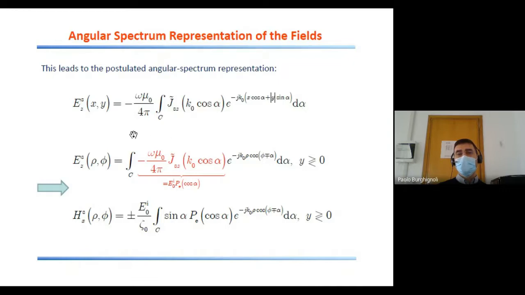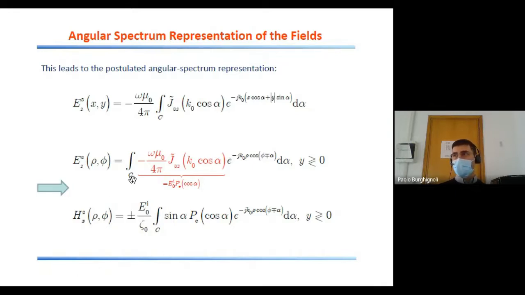From Maxwell equations, you have the magnetic field in the form that we also introduced at the beginning. So from spectral considerations, we have the representation of the field, and also we have found what is the correct integration path.